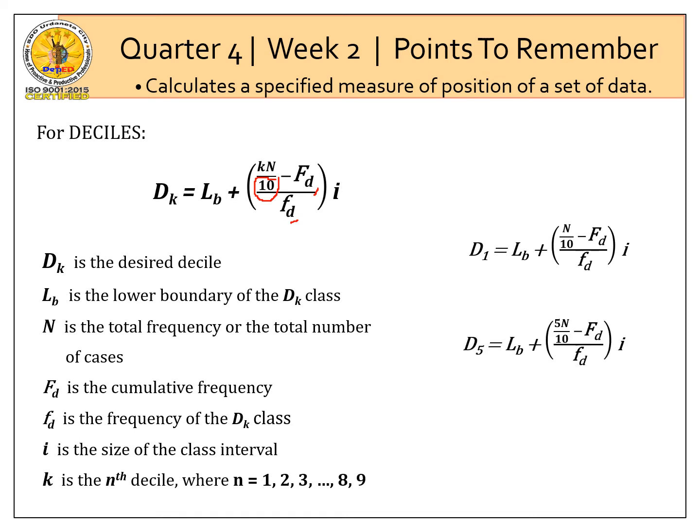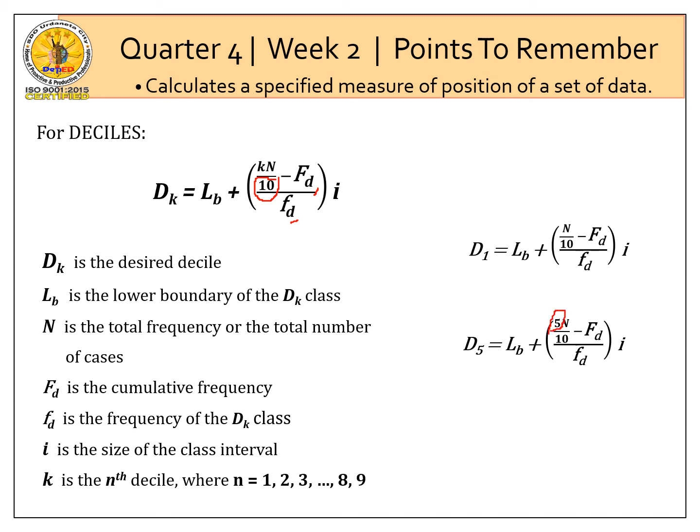Another example, this will be for the formula in solving for decile 5. So we have the lower boundary plus 5 times n over 10 minus the cumulative frequency divided by the frequency of the decile class times the interval. So you just substitute 5 to our k.